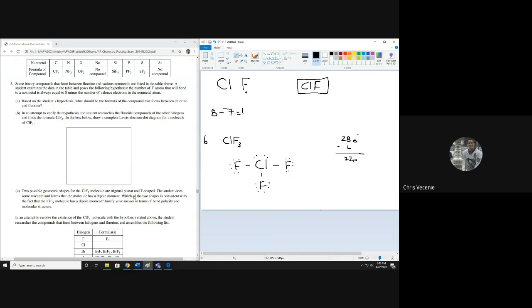Into C, C says 2 possible geometric shapes for ClF3 are trigonal planar and T-shaped. Student does some research and learns that the molecule has a dipole moment. Which of the 2 shapes is consistent with the fact that ClF3 has a dipole moment, justified in terms of polarity and structure? All right, so Elena, talk to me about how we are going to figure out if it's trig planar or T-shaped first?